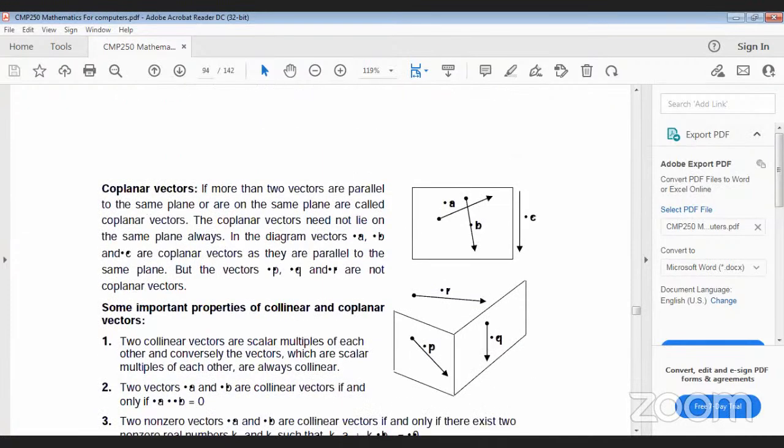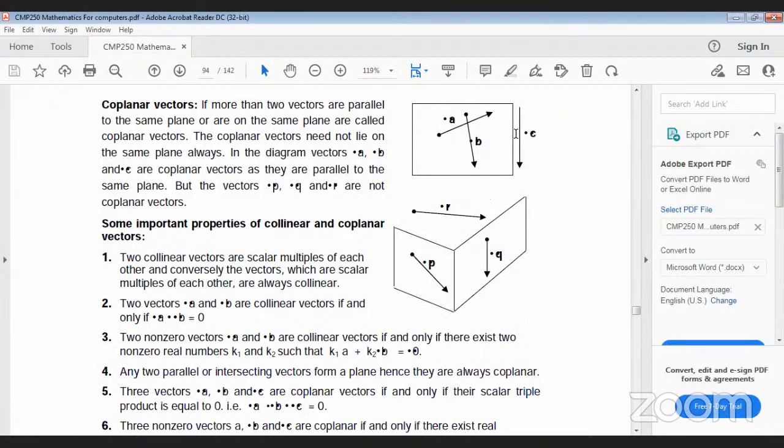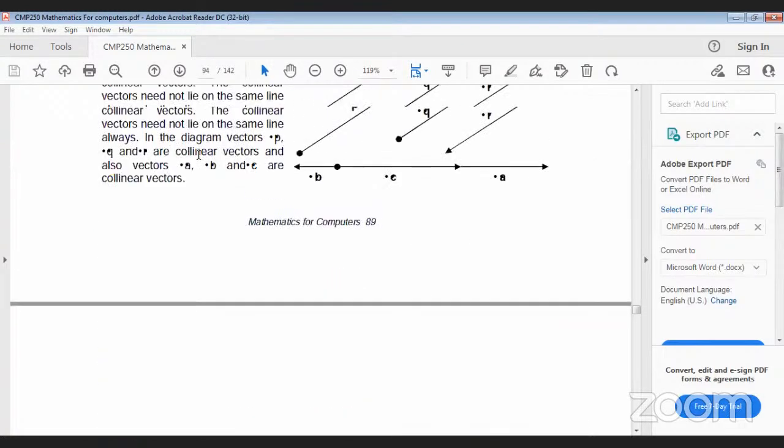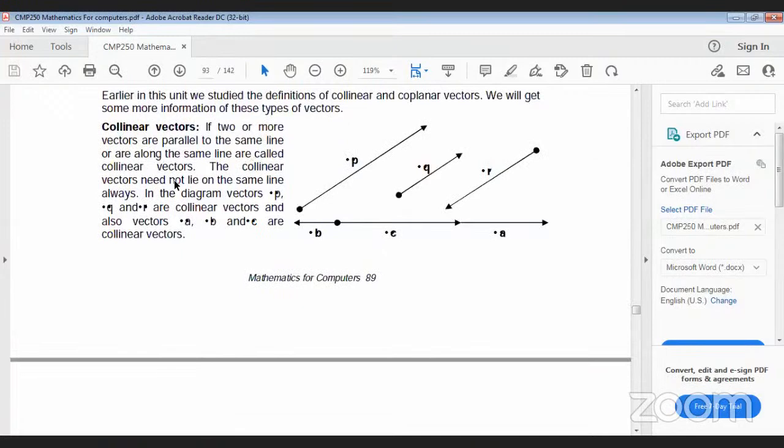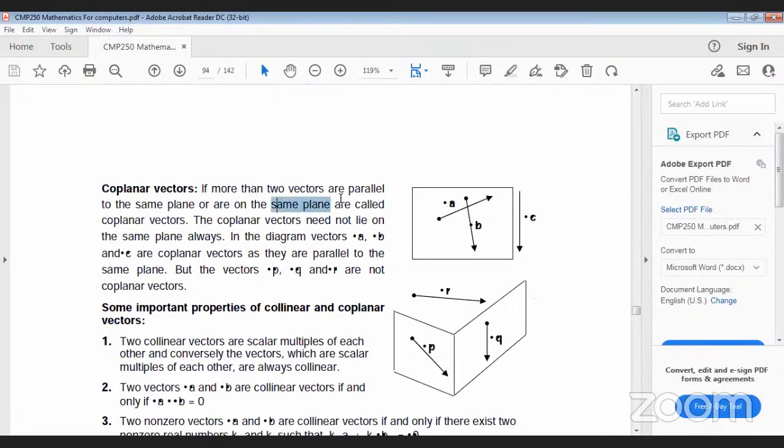Now coplanar vectors. If more than two vectors are parallel to the same plane, or are on the same plane, they are called coplanar vectors. Here, it didn't have the same plane, but here it should be on the same plane.